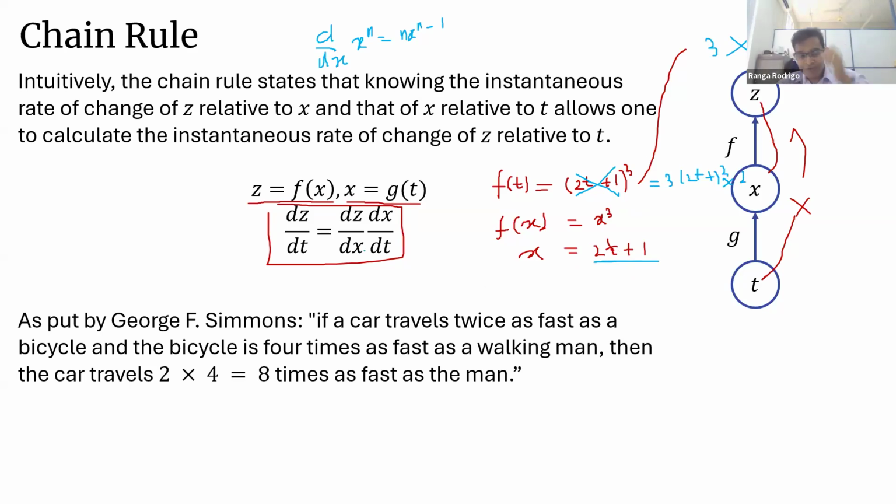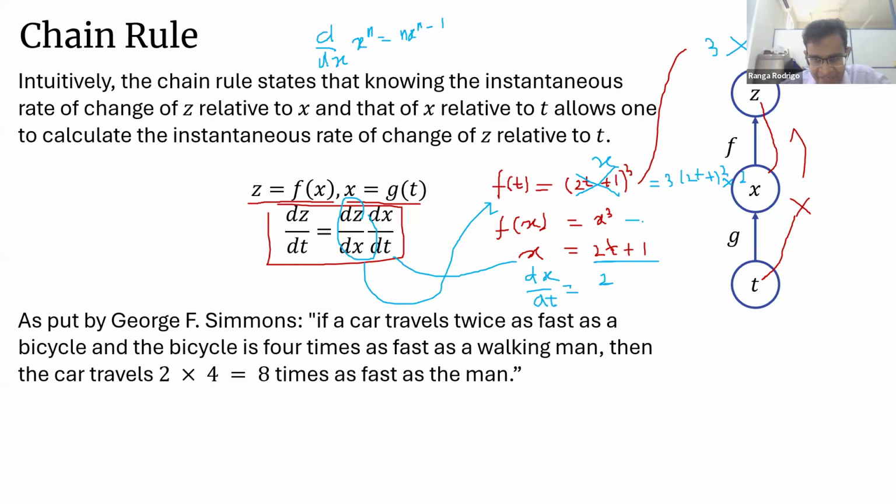Yes, so this is the chain rule. You can see directly we took the gradient of this one with respect to that variable we called x and multiplied by the derivative of x. The derivative of x with respect to t is 2, so dx by dt is 2.